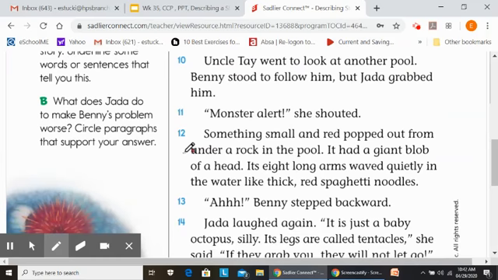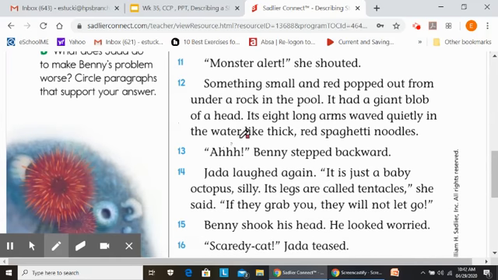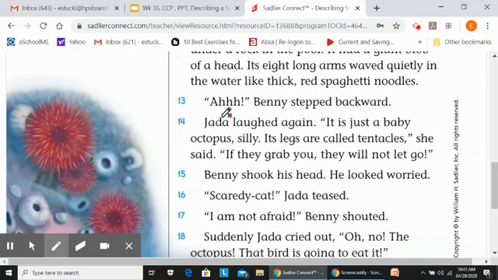Then, if we move down, she tells him about the octopus. He obviously doesn't like this at all. What does he do? It sounds very yucky to him and also scary. That's a scary outlet. Benny stepped backwards.